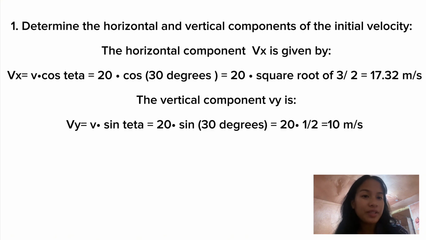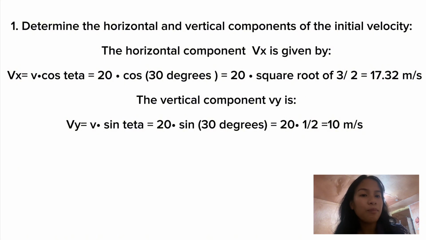For our solution, we have number 1. Determine the horizontal and vertical components of the initial velocity. The horizontal component Vx is given by Vx is equal to V times cosine theta, equal to 20 times cosine 30 degrees, equal to 20 times square root of 3 over 2, which is equal to 17.32 meters per second.